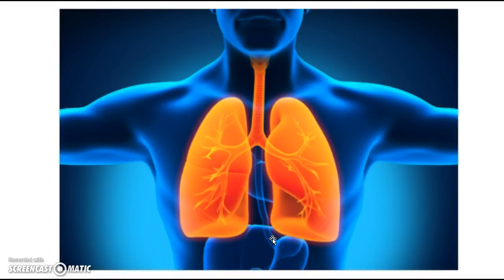And finally, the residual volume, which is a volume of air still remaining in the lungs after a person has used all their force to exhale as much as possible. So it's the last amount of air still remaining in the lungs.